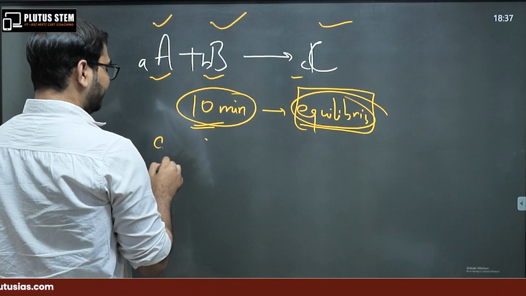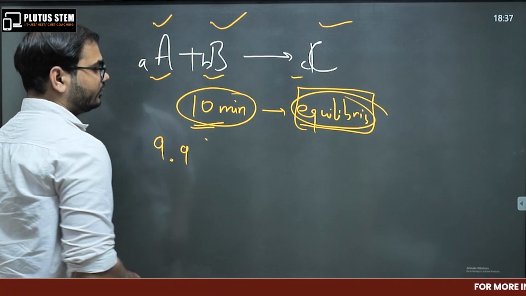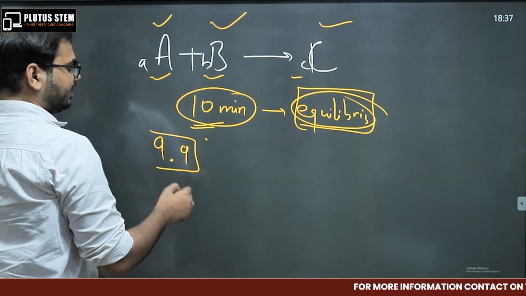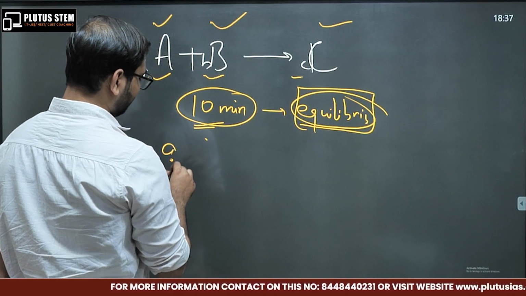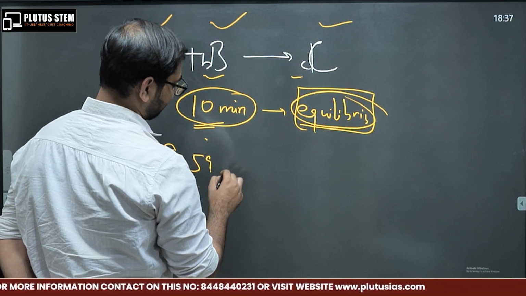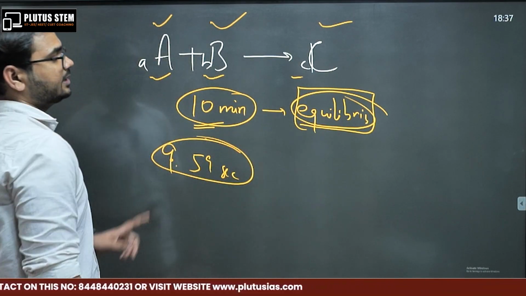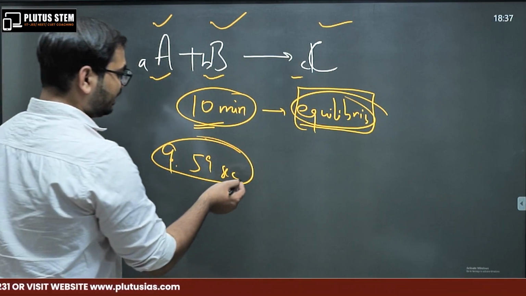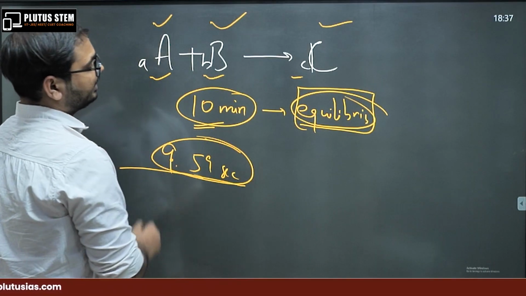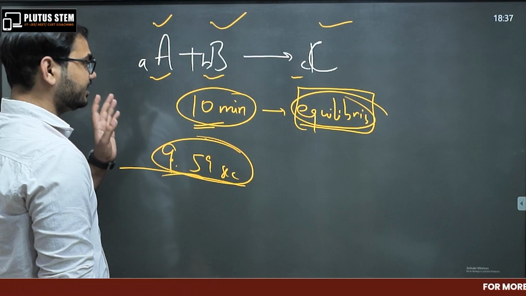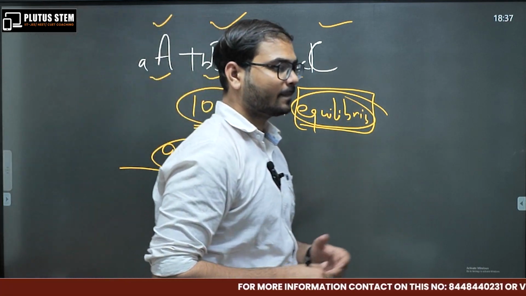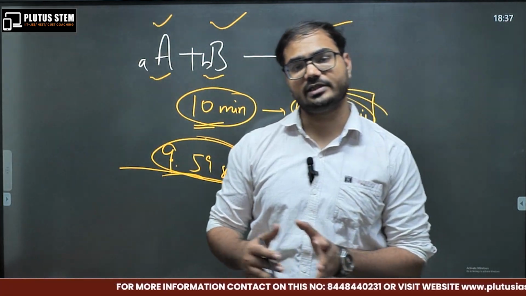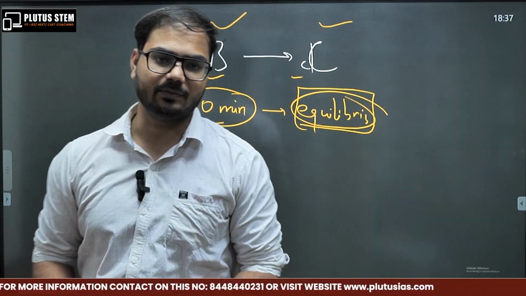While before equilibrium was stabilized, let's say at 9 minutes 59 seconds, since equilibrium has not been achieved, whichever concentrations I take will always give me the reaction quotient. So now we have differentiated what is reaction quotient and what is equilibrium constant.